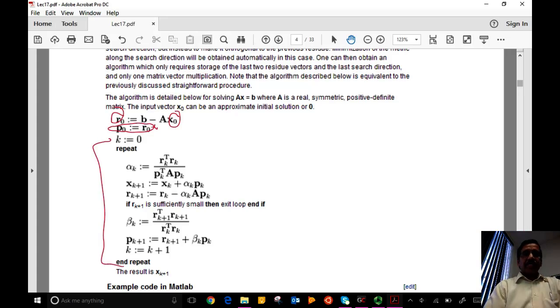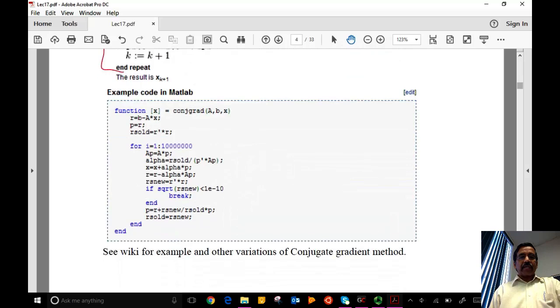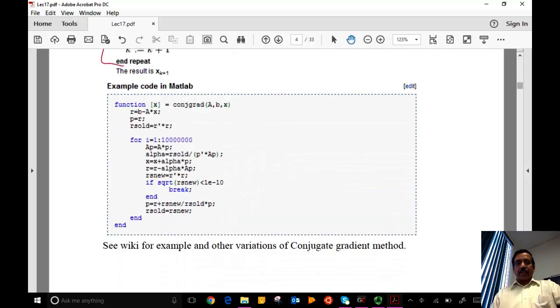You calculate your alpha, take a certain step in the alpha direction, and calculate the next vector, Rk plus 1, and keep repeating this. There is also a MATLAB code that I picked up from the web. It's a fairly simple code, and it can solve hundreds of thousands of equations as long as you have a very efficient vector matrix multiplication.